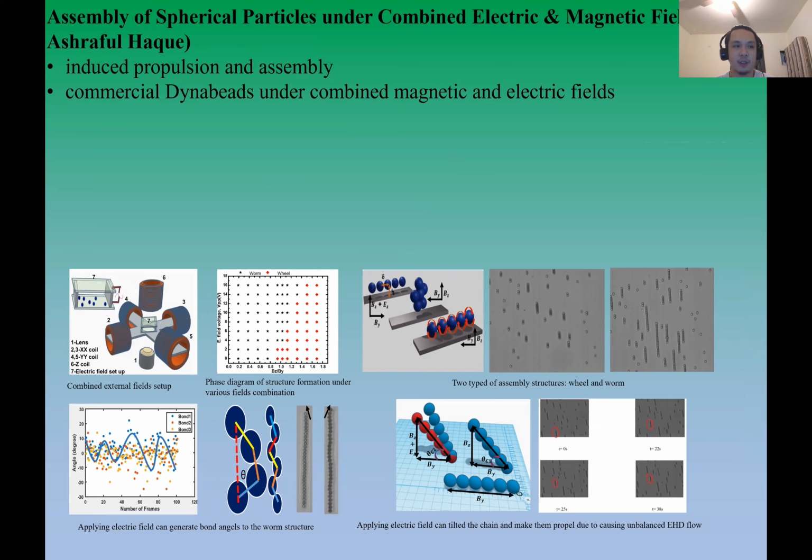So by changing the ratio between the attraction force and the repulsion force, we have the potential to tune the spherical particles into different structures, and we can control the motion.